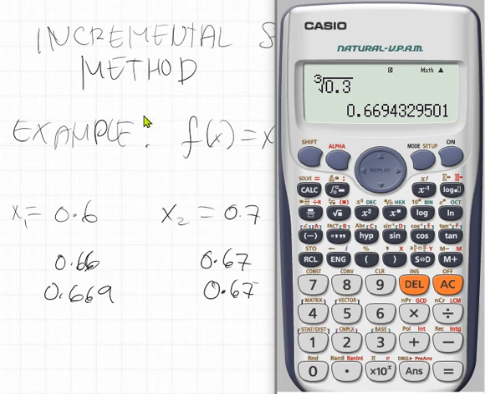That's why the incremental search method is only used to determine the initial guesses for our roots, so that we can use them in other methods, the next methods, the bisection and the false position.